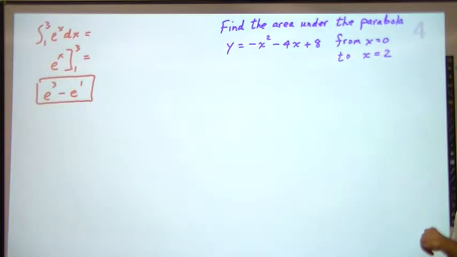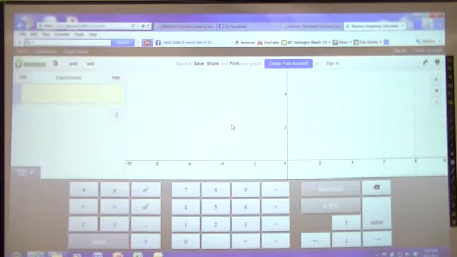Negative x squared minus 4x plus 8. Ooh, this is going to have some negatives in it.